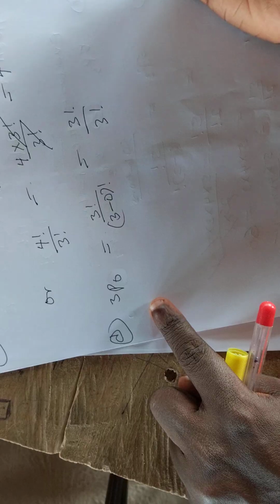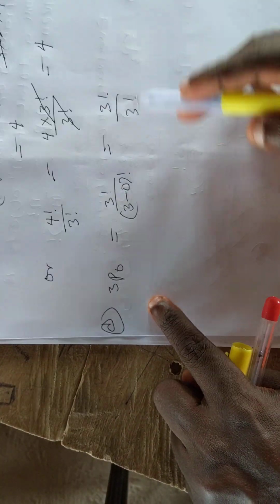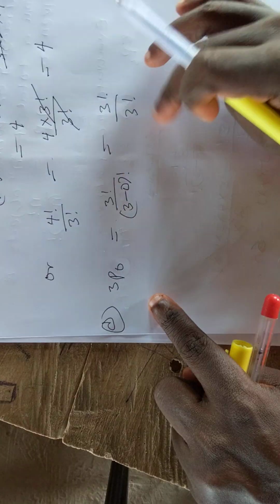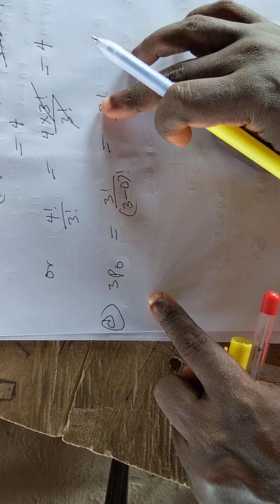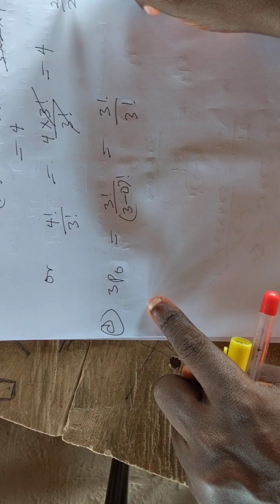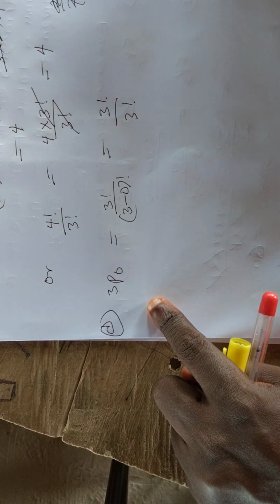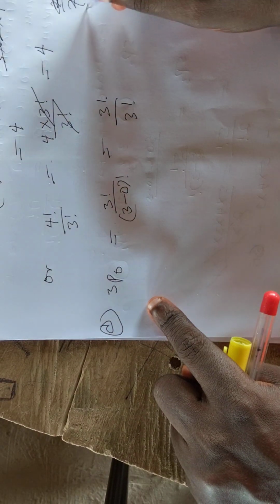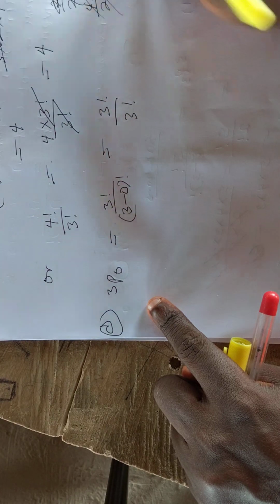We can only cancel factorials when they are the same. For instance, 2 factorial over 2 factorial is 1. But if they are not the same factorial, please don't cancel them. If we have 4 factorial over 2 factorial, please don't say it is 2 factorial.